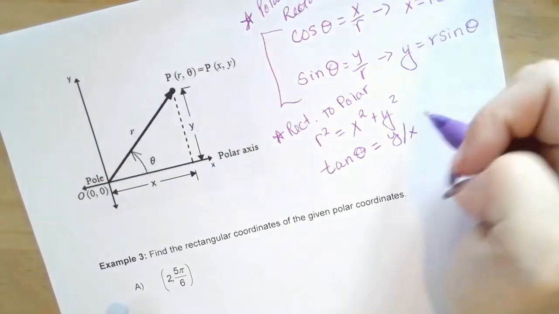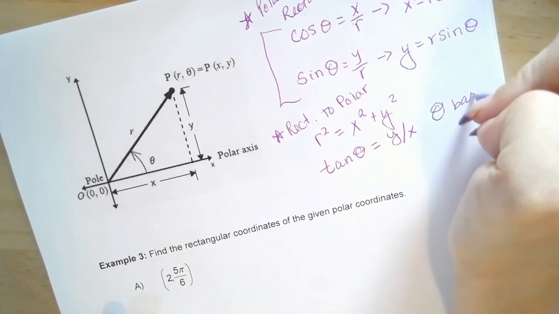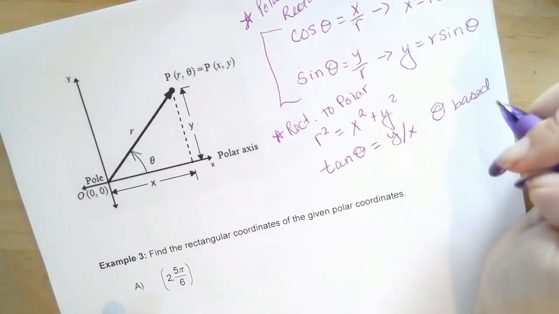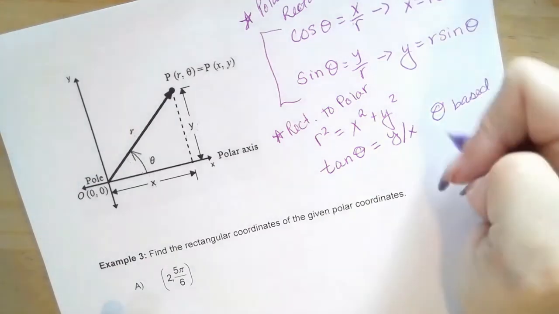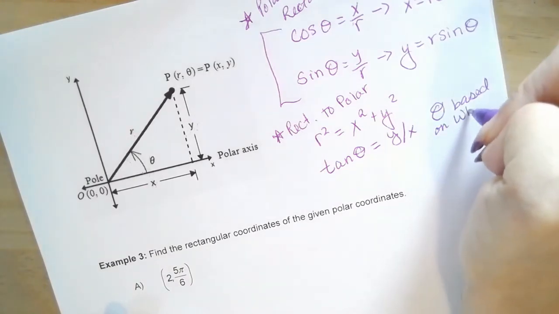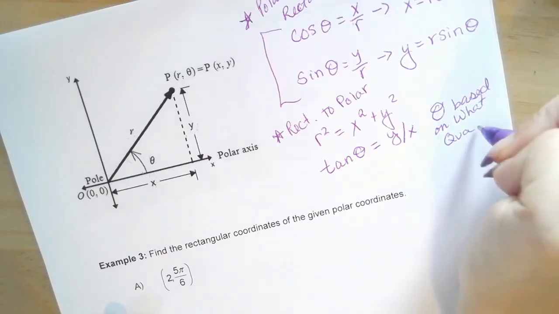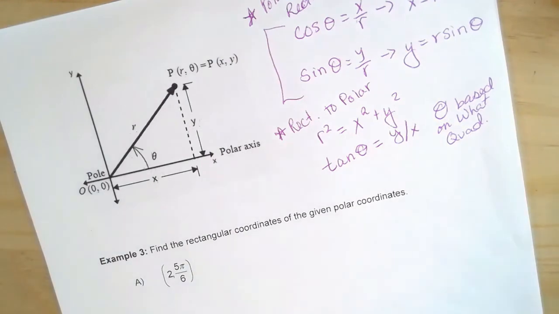Now, keep in mind, your theta is going to be based on what quadrant you're on. So be careful with that. Because when we do inverse tangent, we have to think of the first and the fourth quadrant, which is fine. But then also we have to relate it back, where is our point actually at?